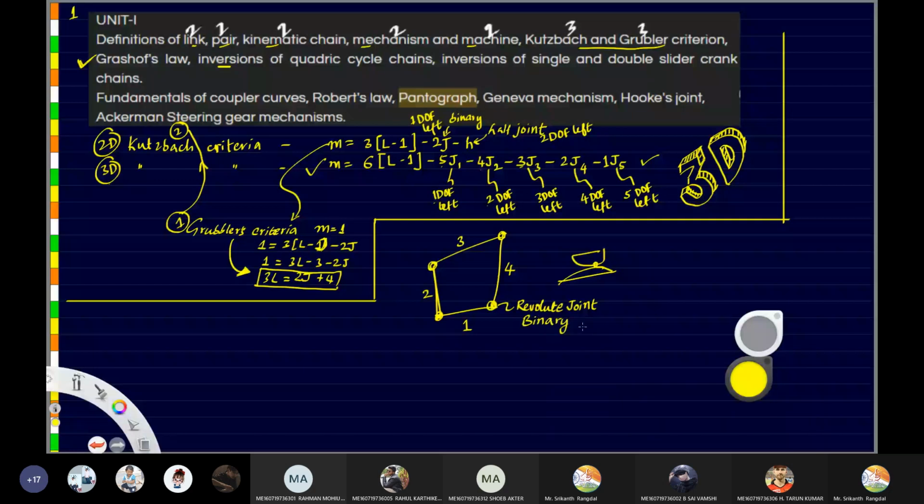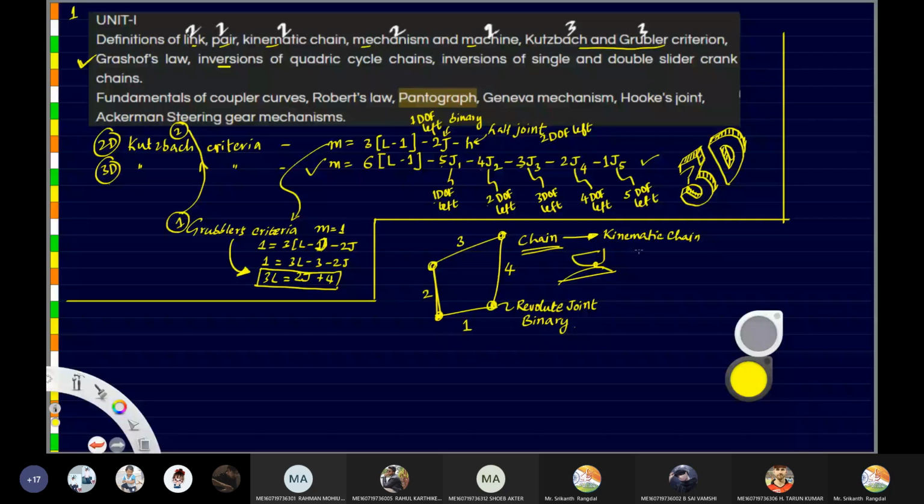If we are not fixing any of the links, then it is called a chain. All the links are free to move, connected to each other, but none of them are constrained to a single plane. Now, if this chain is able to transmit definite motion, then it becomes a kinematic chain.